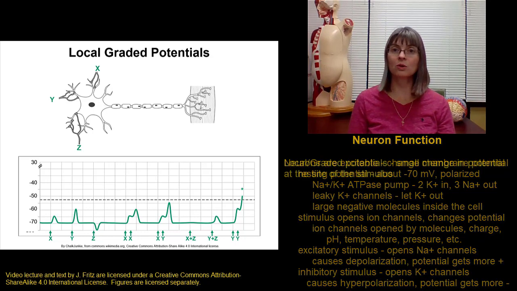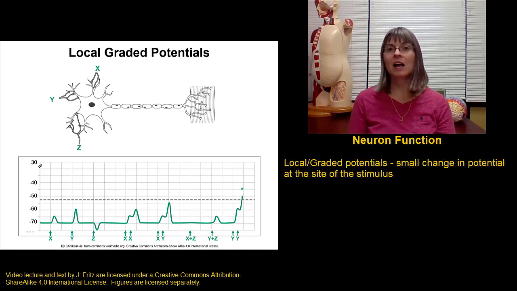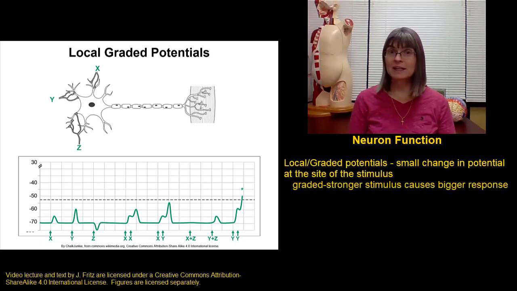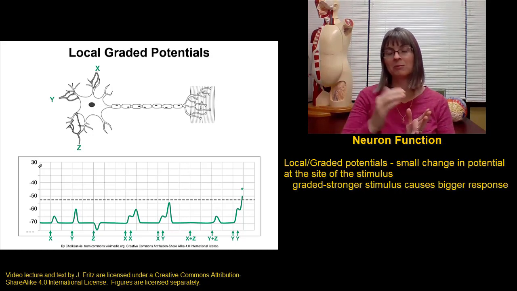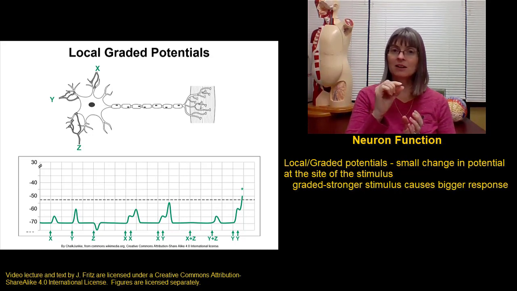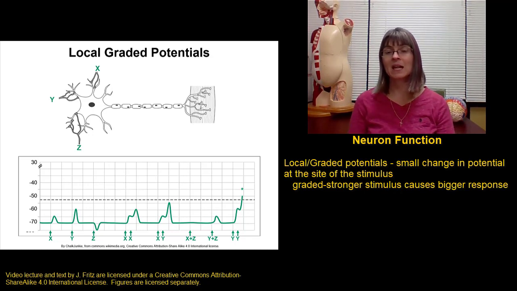These excitatory and inhibitory stimuli that are opening channels and causing changes in the membrane potential create what we call local or graded potentials. A local or graded potential is a small change in the membrane potential caused by the stimulus. Local potentials have a couple important properties. First of all, they are graded, which means a stronger stimulus can cause a stronger change in the membrane potential, and a smaller stimulus will cause a smaller change in the membrane potential.